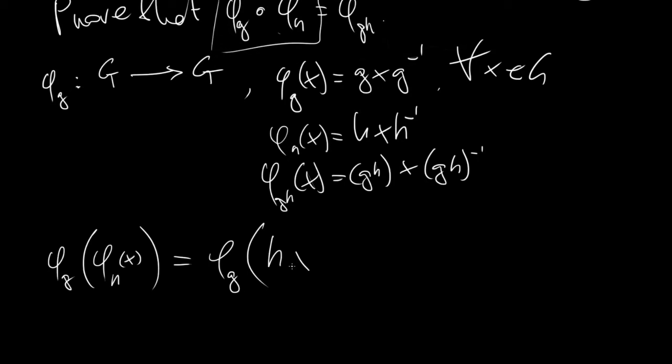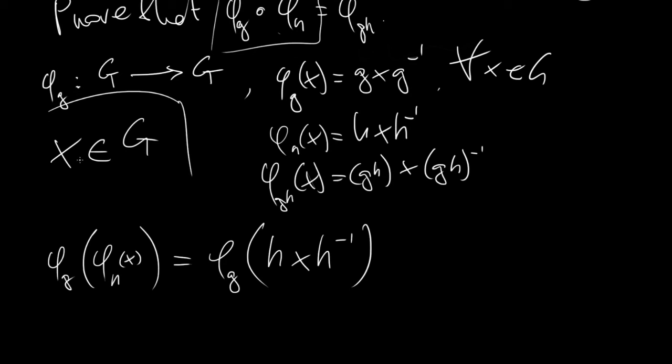hxh⁻¹. We forgot to formally start our proof with: let G be a group, and we forgot to put our element x in the domain. So x is an element of G. Then this is equal to φ(g) of this one.